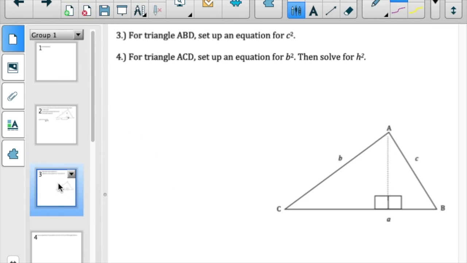It says for triangle ABD, set up an equation for C squared. Okay, so this is a right triangle. Remember we put H here, and we had a D here. So for triangle ABD, what does C squared equal?